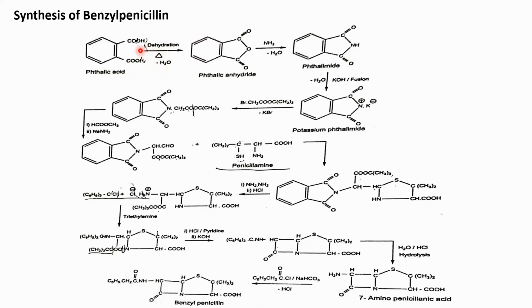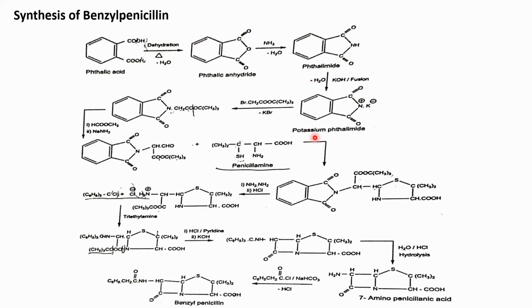Here the OH and H from these carboxylic groups will combine together and one water molecule will be lost, and you can see phthalic anhydride formation takes place. On amination it is converted into phthalimide and after that it is converted into potassium phthalimide.